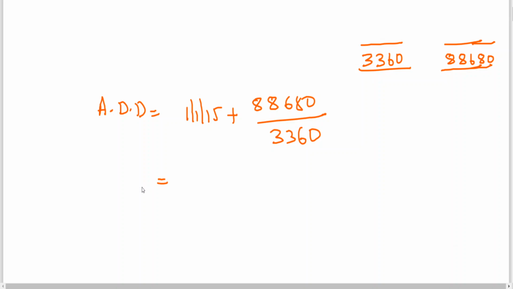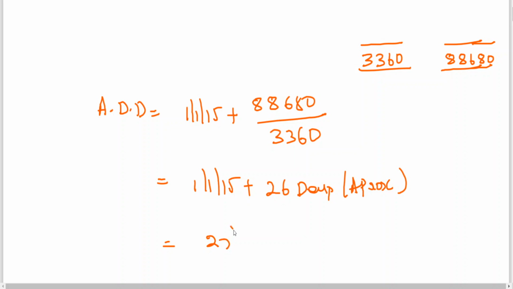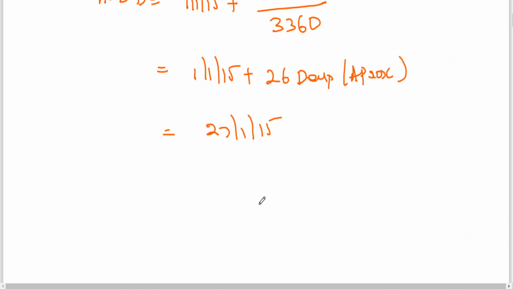Therefore average due date is 1st January 15 plus 26 days approximately. So 1st January plus 26, it is coming to 27th January 15 as the due date. Clear to all of you?